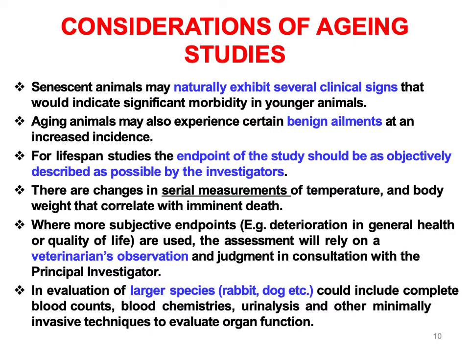There are changes in serial measurements of temperature and body weight that correlate with imminent death. Where more subjective endpoints, for example, deterioration in general health or quality of life, are used, the assessment will rely on a veterinarian's observation and judgment in consultation with the principal investigator.